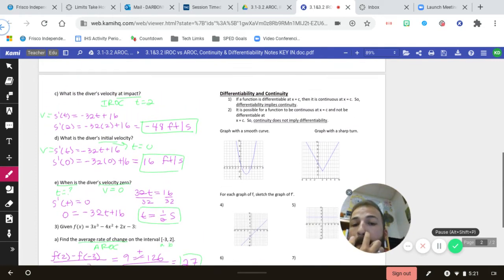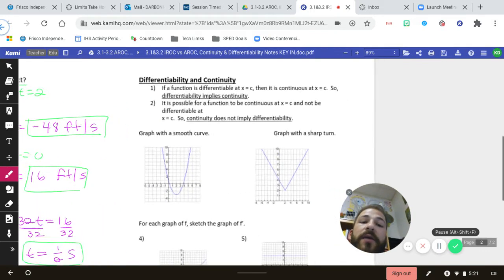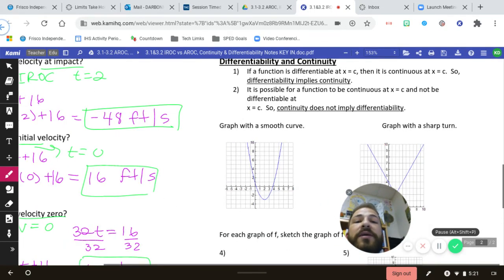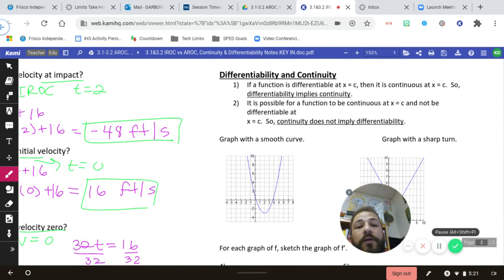Okay. So the last thing we're going to talk about today, y'all, and this should be really quick, is differentiability and continuity. I said this briefly last class, but differentiability means I can take the derivative. Continuity, we know that it means the function is continuous. If a function is differentiable at x equals c, then it is continuous at x equals c.